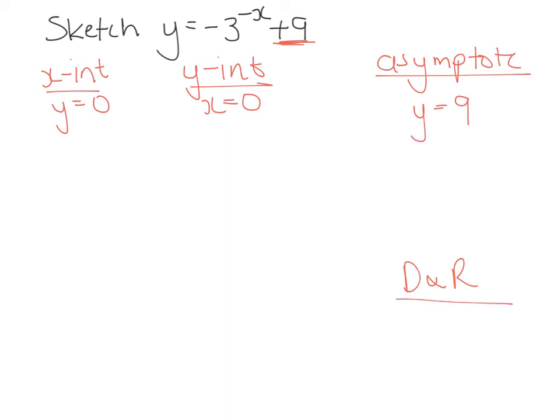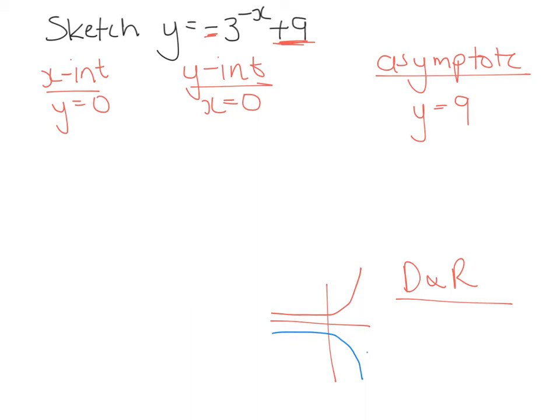Now, usually for an exponential graph, the graph would go something like this. But with a negative in front here, it'll be reflected down like this. So our graph will be down below the asymptote.